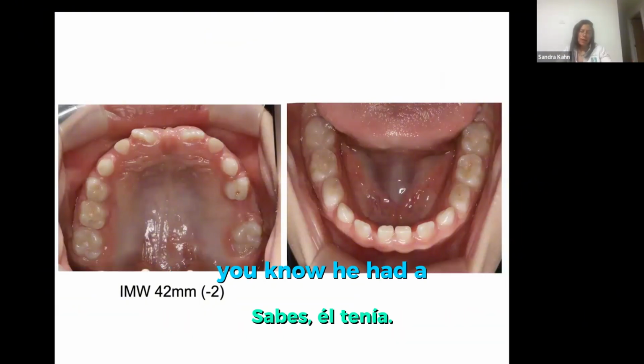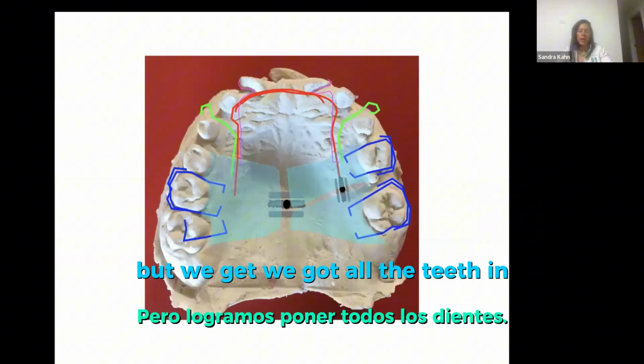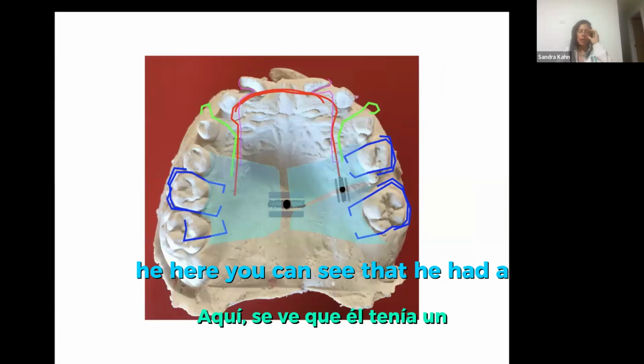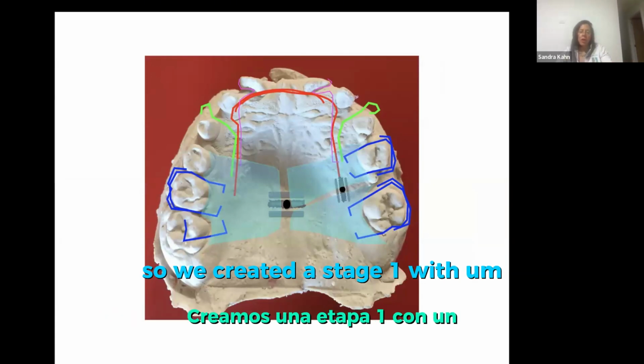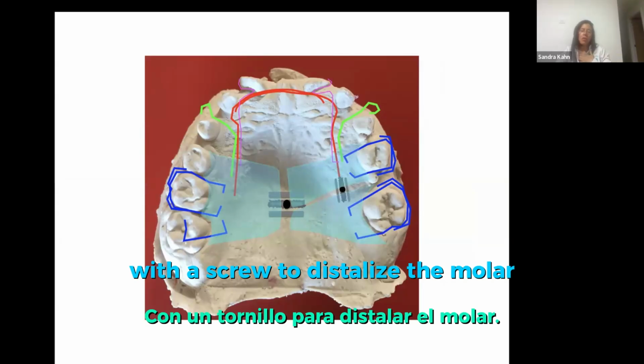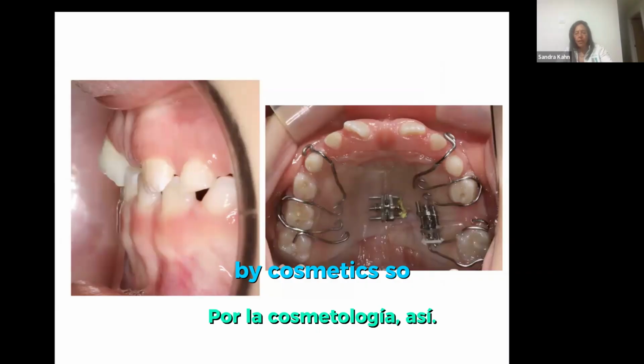He had a lot of issues, but we got all the teeth in. Here you can see that he had a blocked tooth on the upper left. So we created a stage 1 with a screw to distalize the molar, and we created space for the bicuspids.